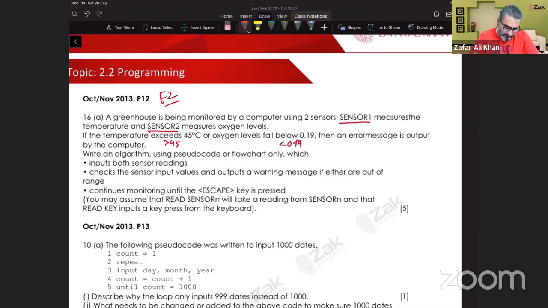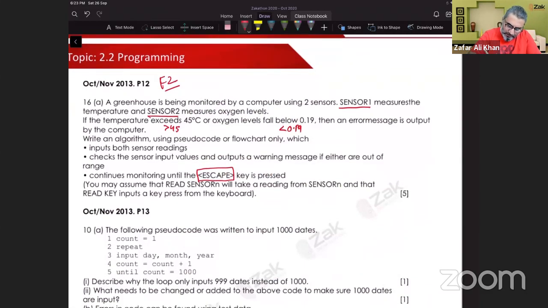So first of all, we have to have, now you can see this, input sensor 1, sensor 2, escape.